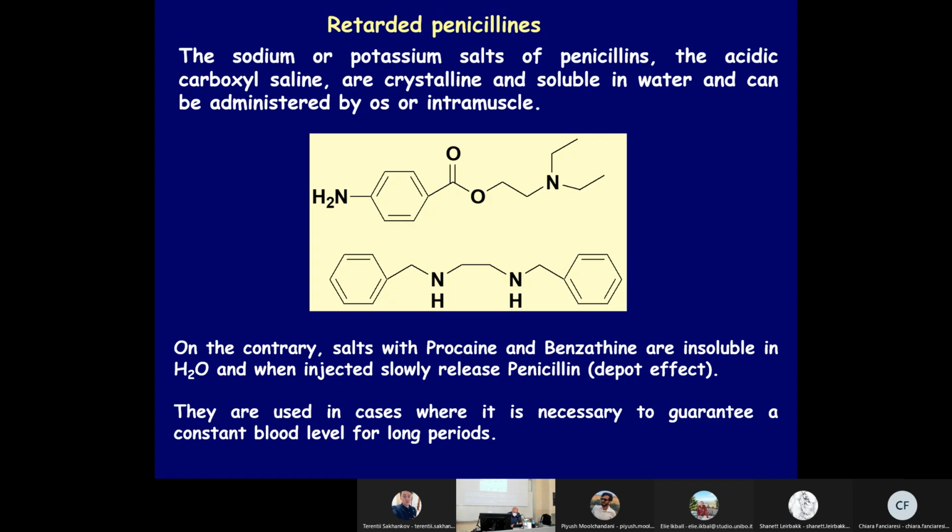So it is necessary to maintain a low concentration of penicillin in the blood for the therapy of particular infections. You can understand that it's not possible to make an injection every day.